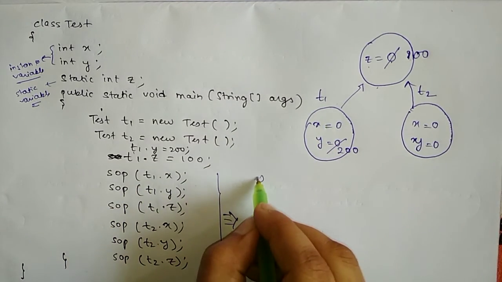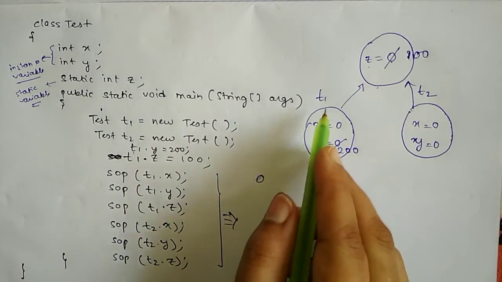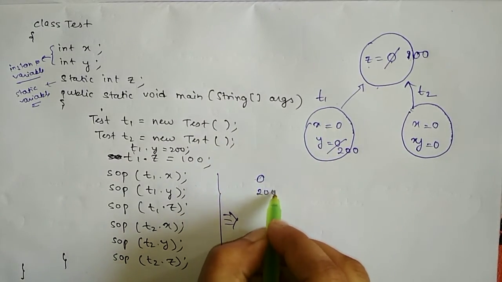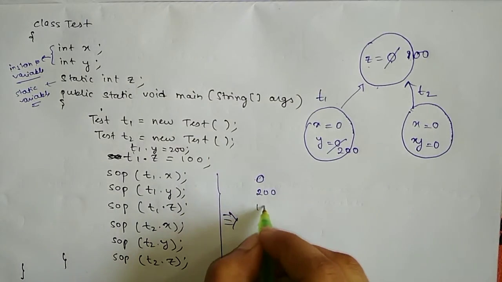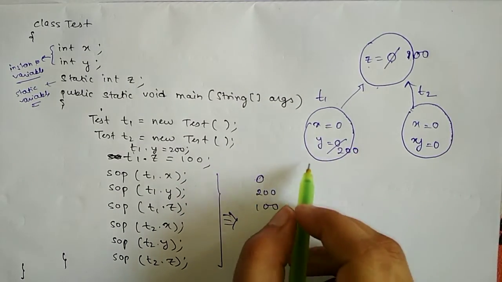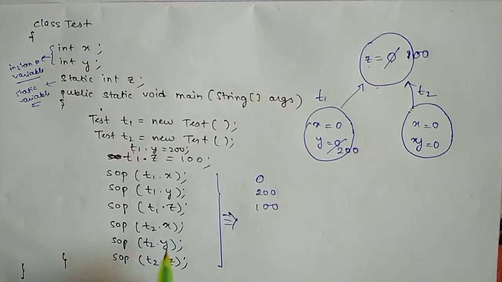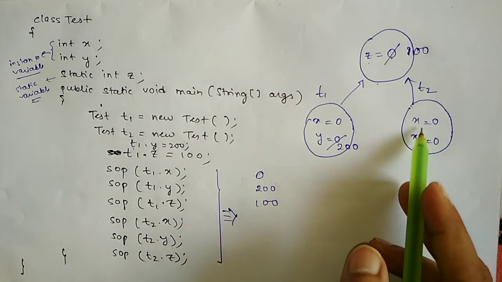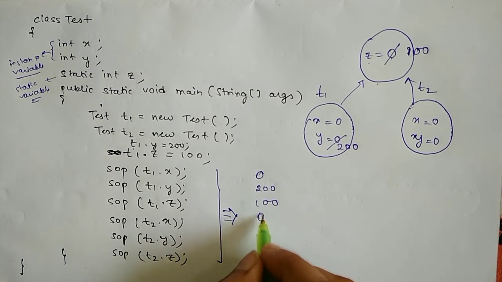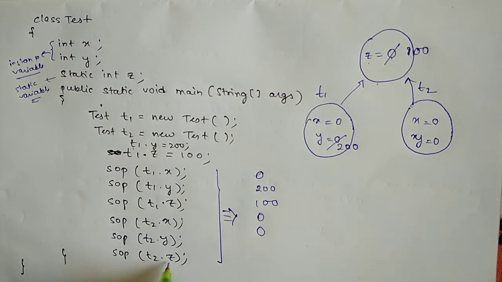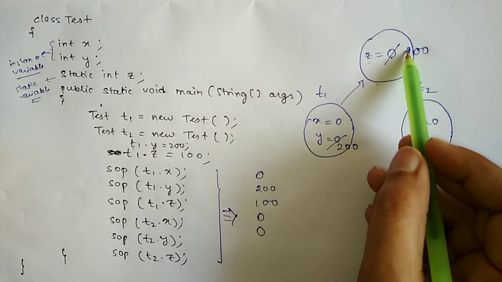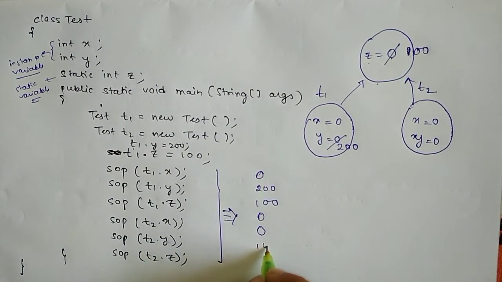t1.x is 0, t1.y is 200, and t1.z we have changed to 100. This is for the first object. Now for the second object, t2.x remains 0, t2.y remains 0, and t2.z has been changed to 100.